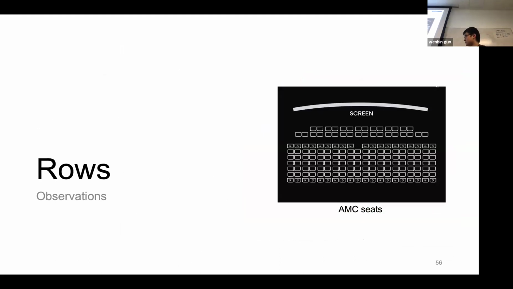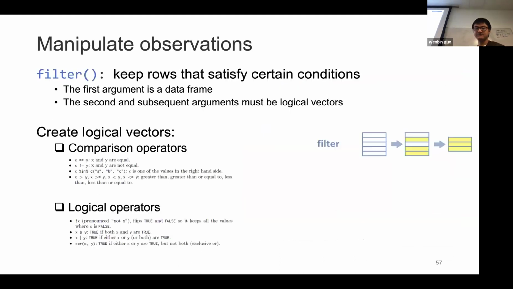For manipulating the rows, we can consider first doing some filtering. Not all of the observations are useful, or not all of them are interesting. So you can try to keep the rows that satisfy certain conditions. The first argument in filter is a data frame, and the second one is a logical vector.